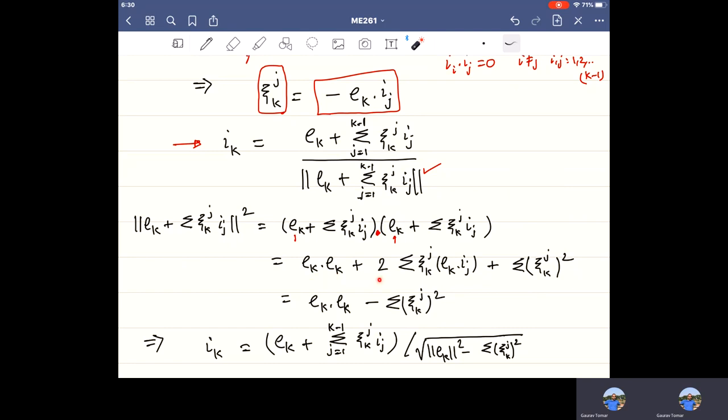Now we have ek dot ek, plus 2 times this, plus the dot product between the two sums, which will be nothing but the summation of xi kj squared.